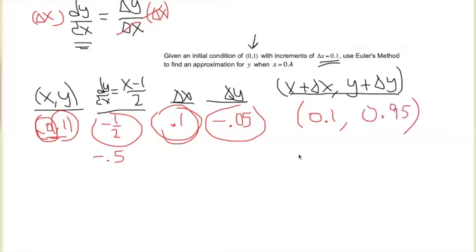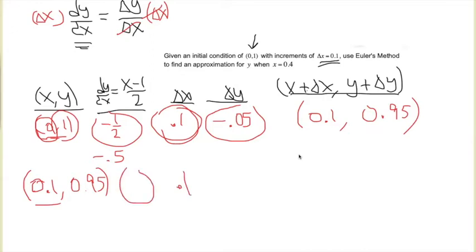Okay, and in the interest of time, I think I want to show you guys parts and partial fractions. What you would do is, and this is really mechanical now, we've got 0.1 and 0.95, and you just repeat the process. Plug this number into your differential equation. Your delta x is going to be 0.1.